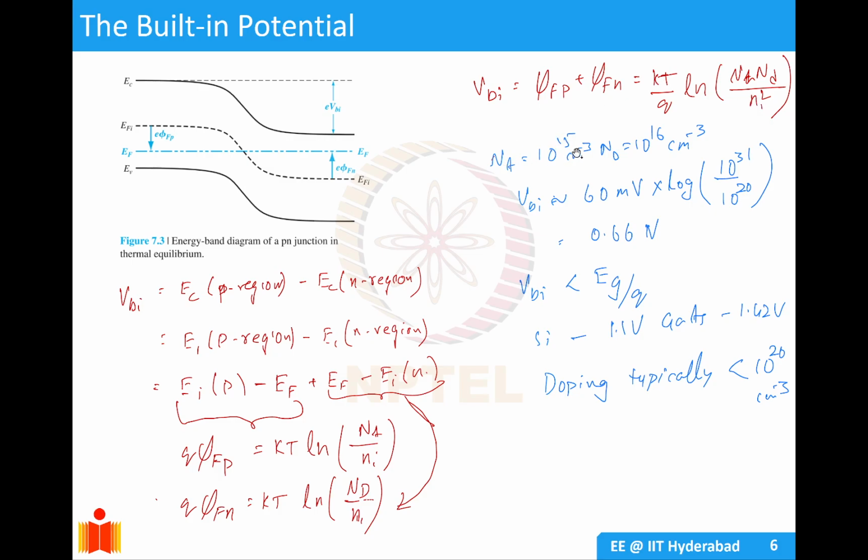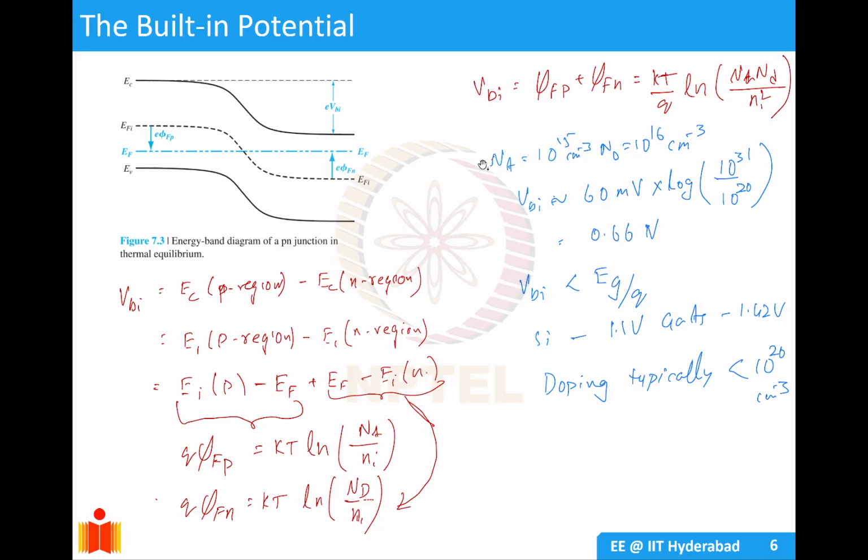So if Na is 10 per 15 and Nd is 10 per 16, when we talk about Na and Nd, we are talking about the individual doping in the region. You will see that Na and Nd are not equal to Ni square, and that is because when we talk about Na, we are talking about the doping in the N type region. When we talk about Nd, we are talking about the doping in the P type region.